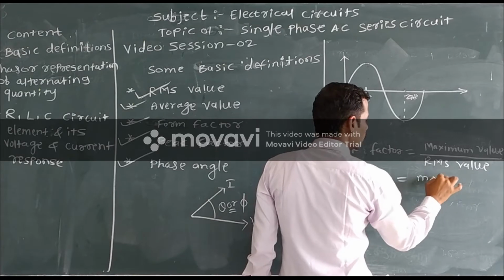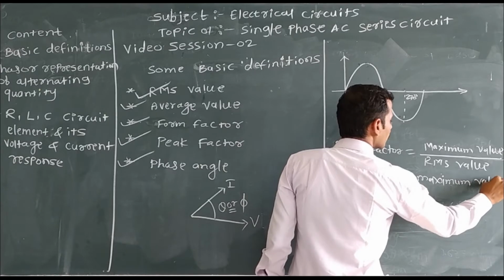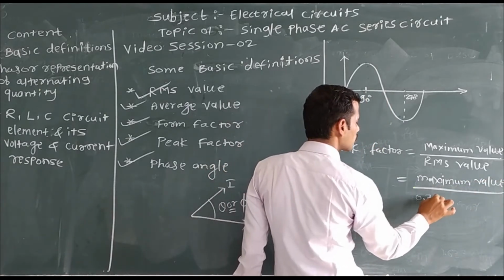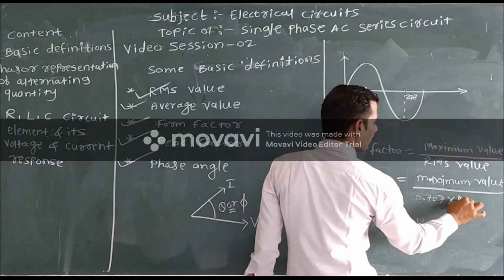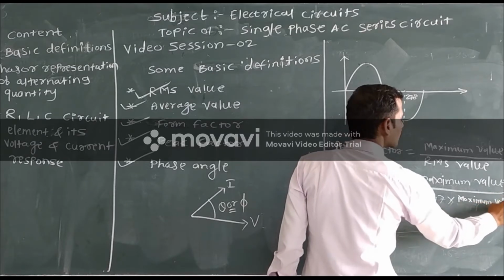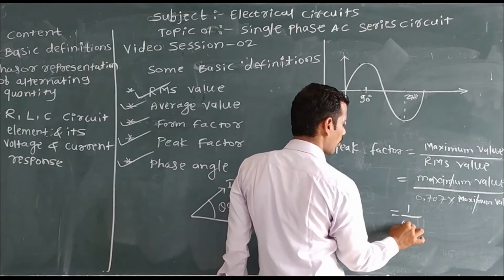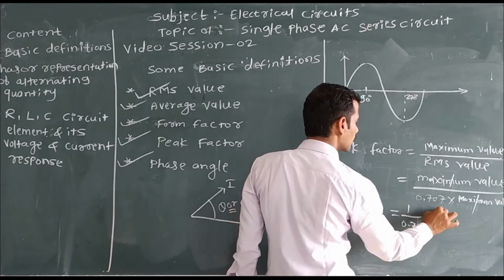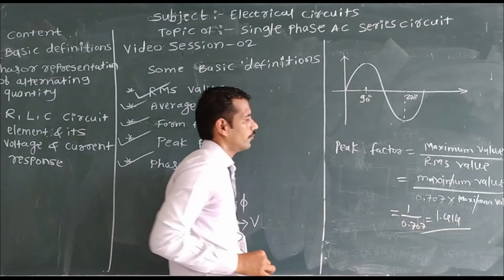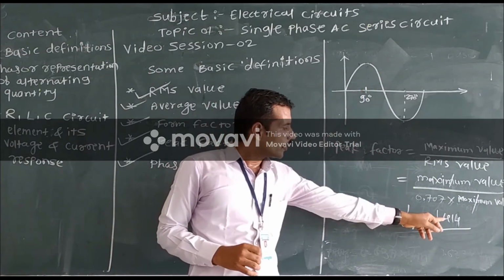Maximum value divided by RMS value, we can write in terms of 0.707 into maximum value. So the maximum value will get cancelled. 1 upon 0.707 means 1.414. That is the peak factor. Peak factor for a sinusoidal quantity is 1.414.